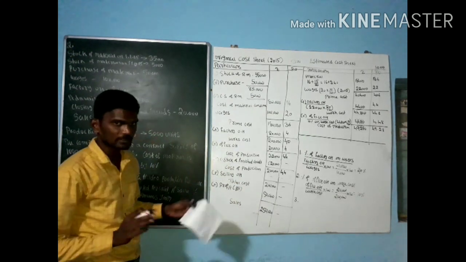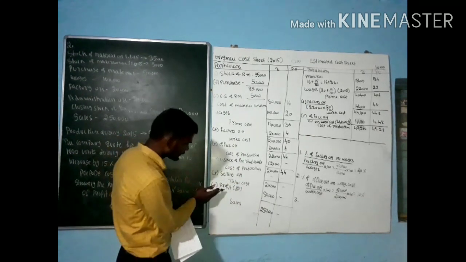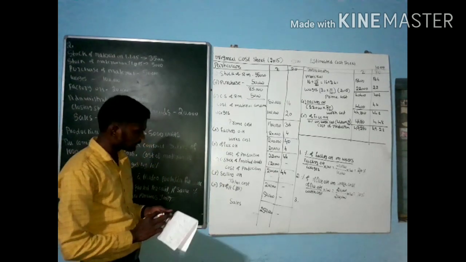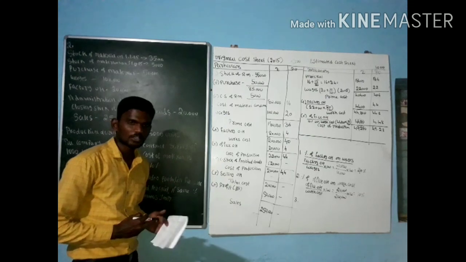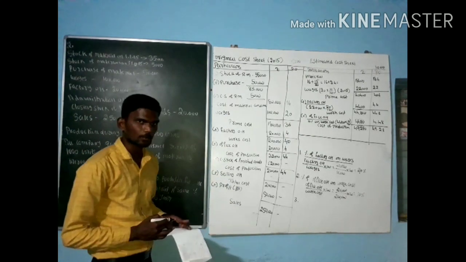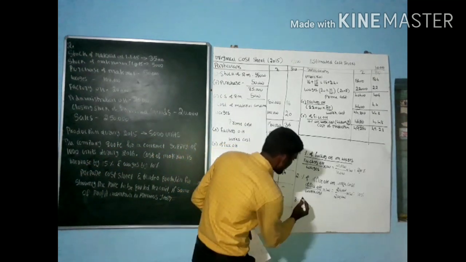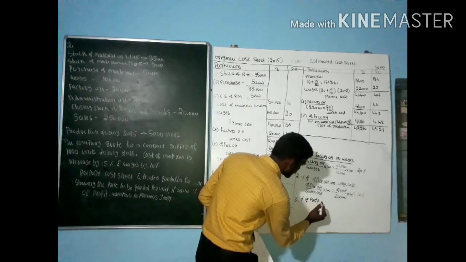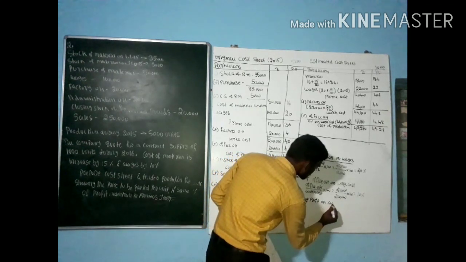For this we need to go for two methods. One is we calculate profit on cost or profit on sale. We discussed this in the introduction chapter. Next example, on cost value. So what is the percentage of profit on cost?